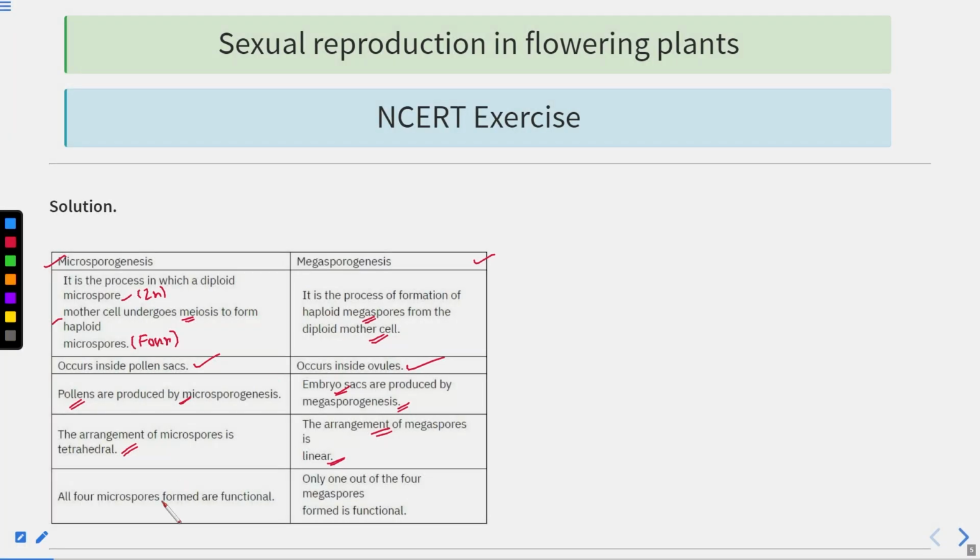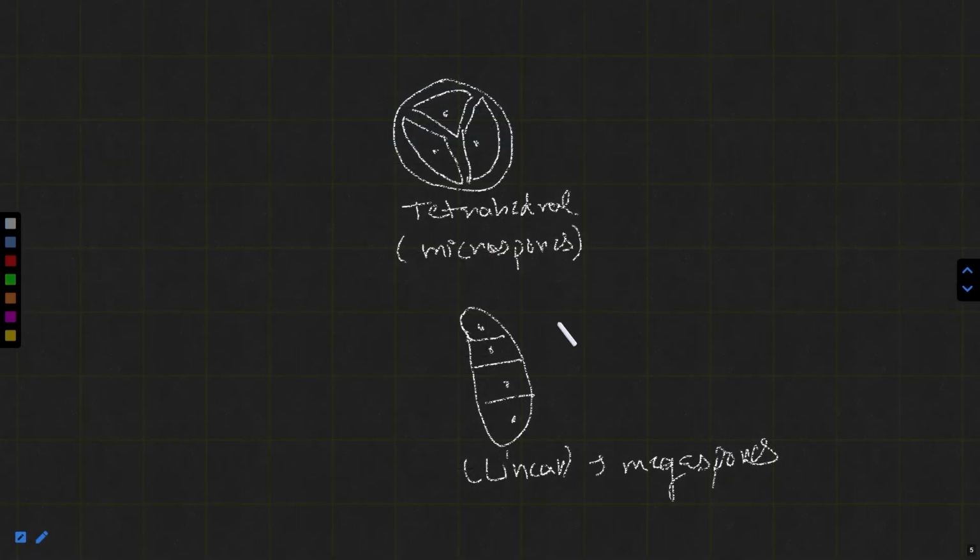Clear? Then all 4 microspores formed are functional. The 4 microspores which are formed by meiosis should be haploid. All of them mature to form the pollen grains. Whereas in case of megasporogenesis, what happens? The 3 megaspores which are present at the micropylar end will degenerate.